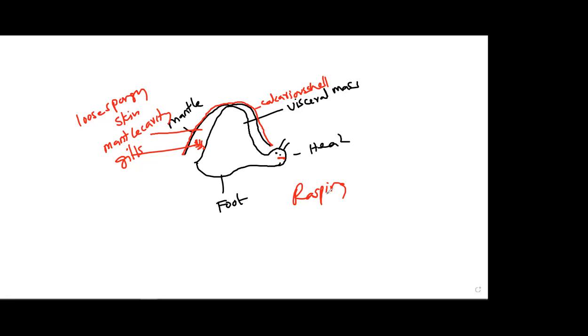This rasping organ is called the radula. Very important: the radula is a modified tongue.